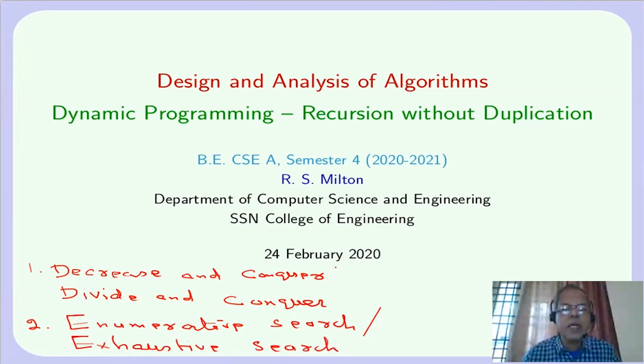In decrease and conquer and divide and conquer, a problem is decomposed or deconstructed into a few subproblems. In decrease and conquer, typically a problem is deconstructed into one subproblem, whereas in divide and conquer, a problem is deconstructed into a small set of subproblems of roughly the same size.